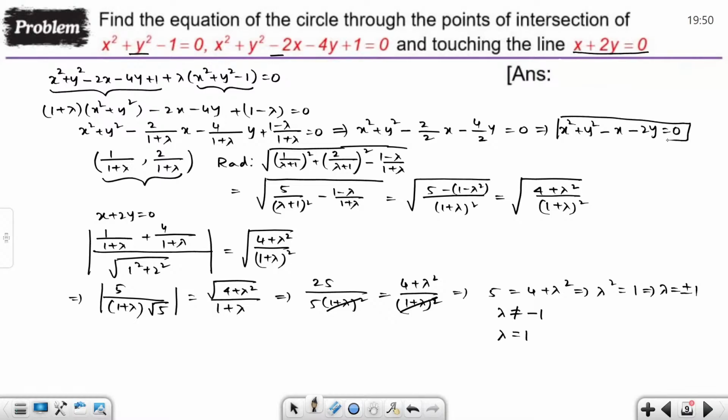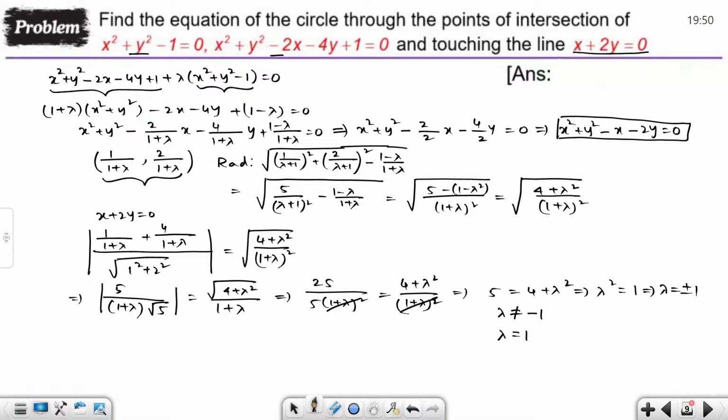You see, in this question, what new things have we done here? Nothing. Simply, we have used the new conception of how to find the family of circles. And then we are always using the conception that we have already discussed, that whenever we have a tangent, we drop a perpendicular from the center on the tangent and equate it to its radius. That's exactly what we have done to find the value of lambda, right?